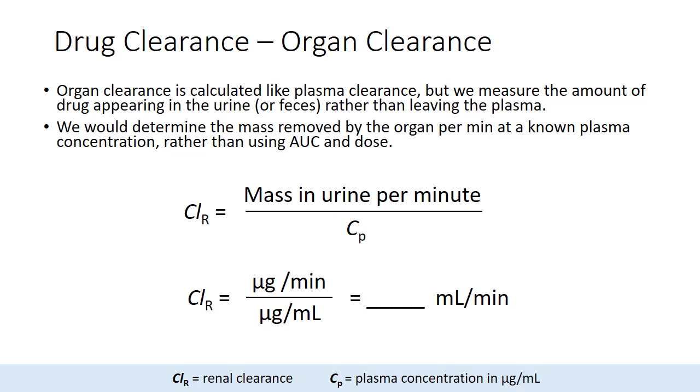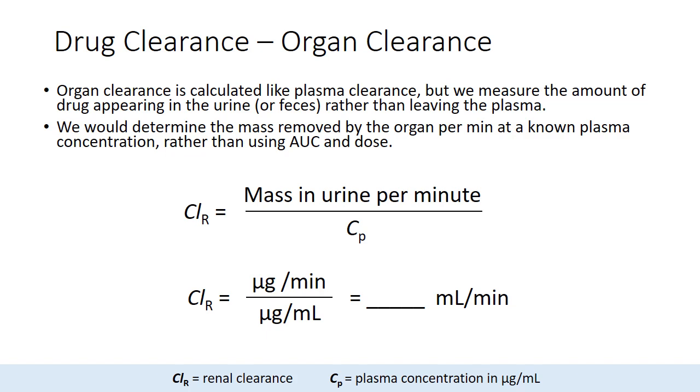So the renal clearance would be micrograms per minute divided by micrograms per milliliter, right? Mass of drug in urine per minute divided by the plasma concentration. So this is how much is in the urine per minute divided by what is the plasma concentration that we're starting at, basically, right?